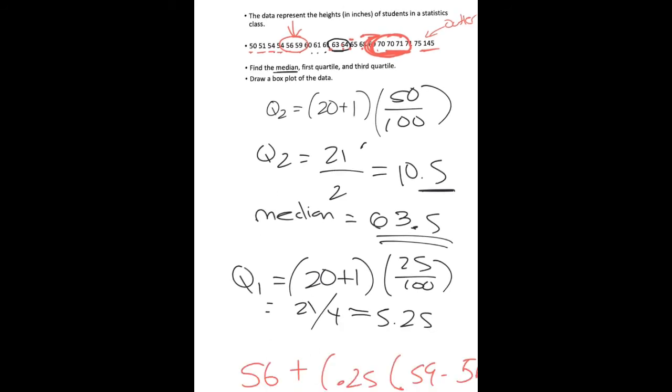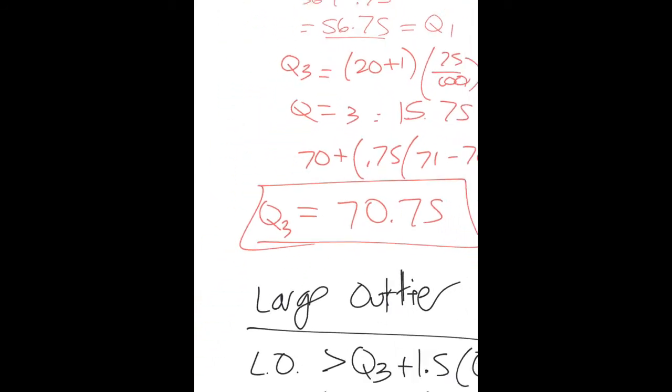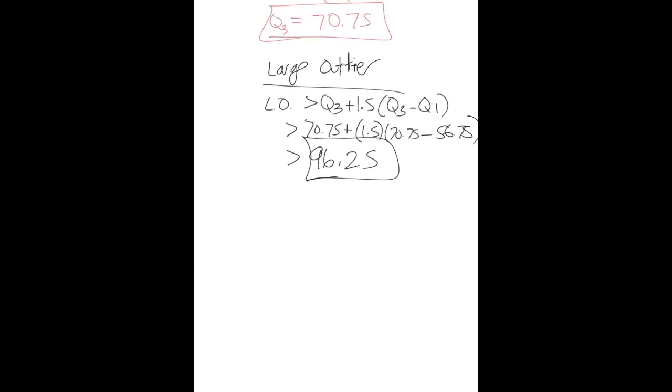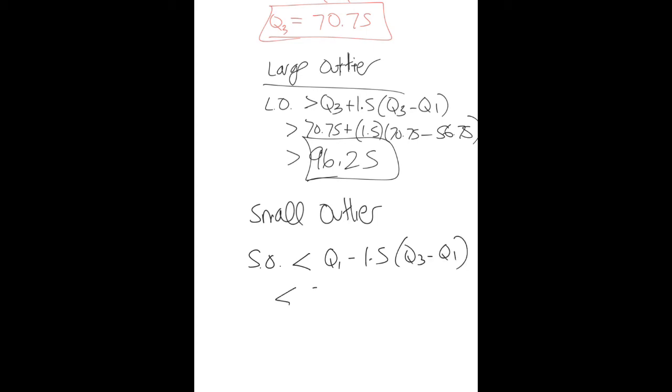Now let's check for small outliers. A small outlier is found using the lower limit, or quartile 1. A small outlier is a value that is less than Q1 minus 1.5 times (Q3 minus Q1).